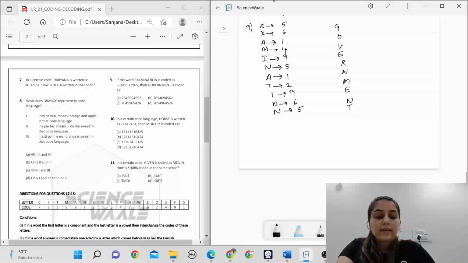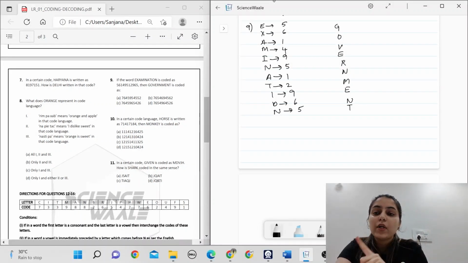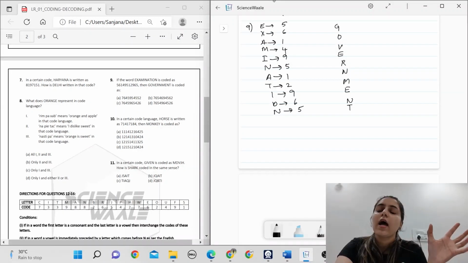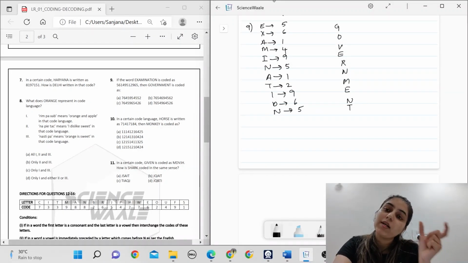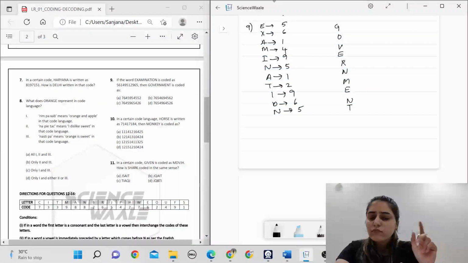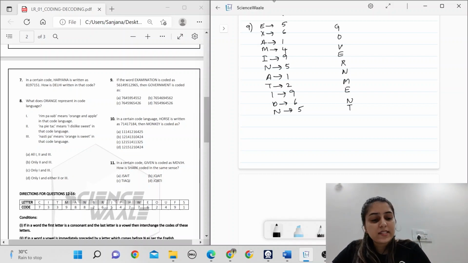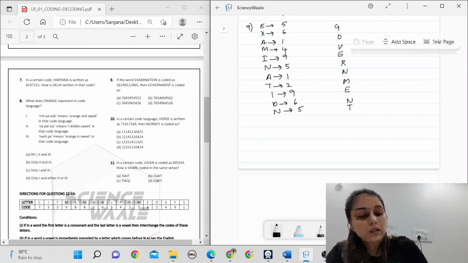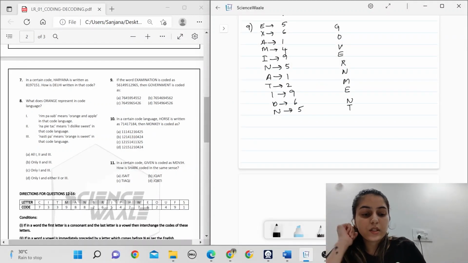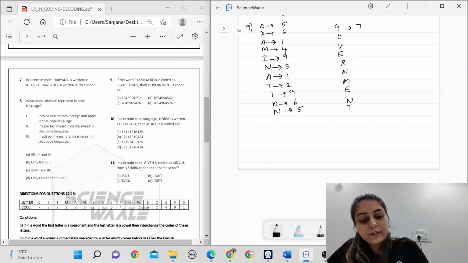The number given to that letter is the same as the position of that letter in the alphabetical series, and if it's a double digit number, then it's taken as the sum of the two digits. Okay, so if we proceed in the same sense, G is the seventh letter of the alphabetical series, as we already know.